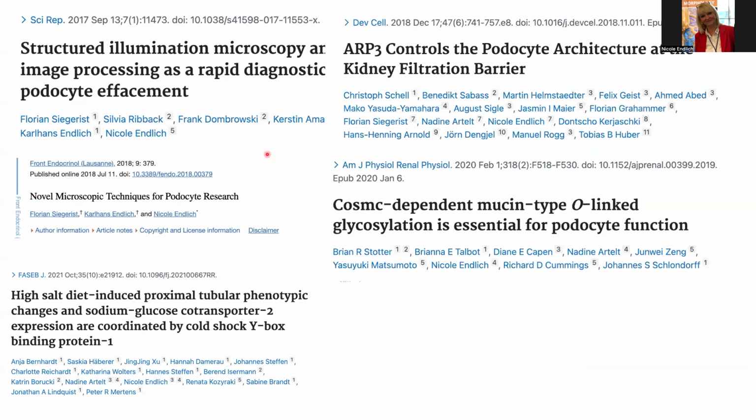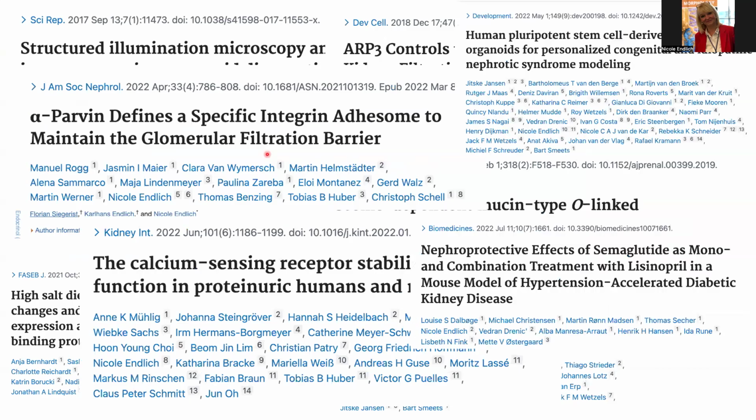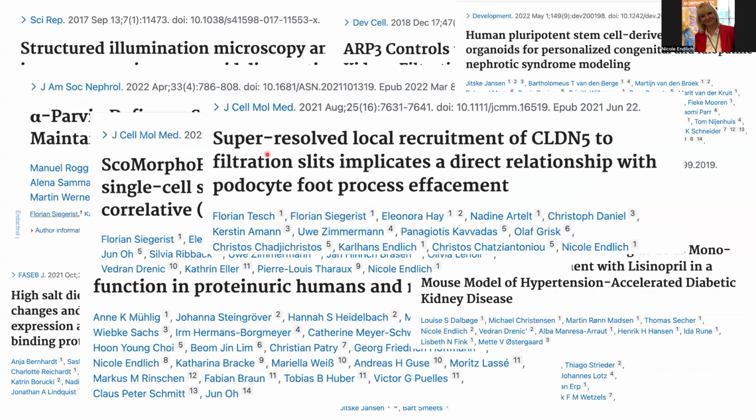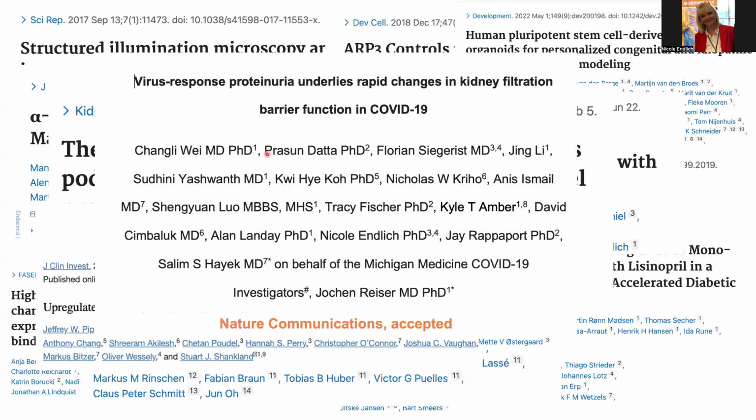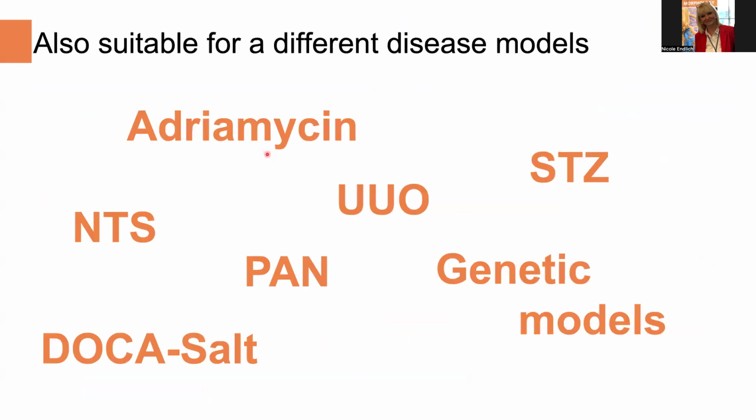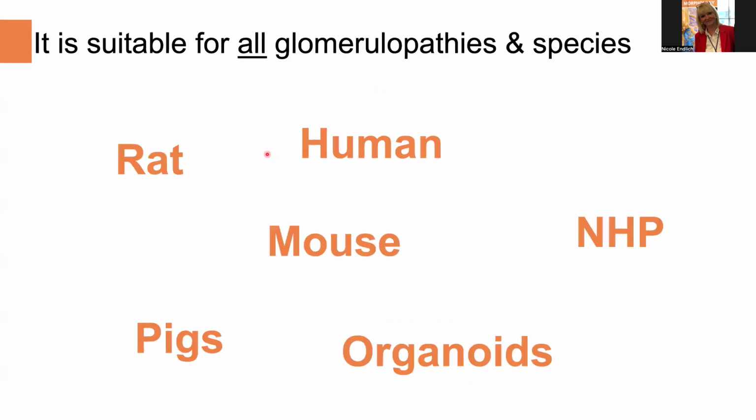Now, in the past, we have, I think, more than 20 or 22 publications showing that this technology works very well for different disease models like NTS, for example, for FSGS, or PAN, also for FSGS, Doca salt, for hypertension-induced disease.